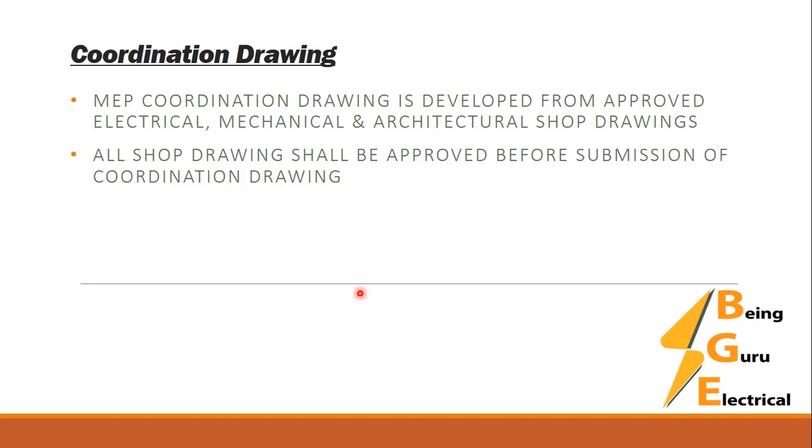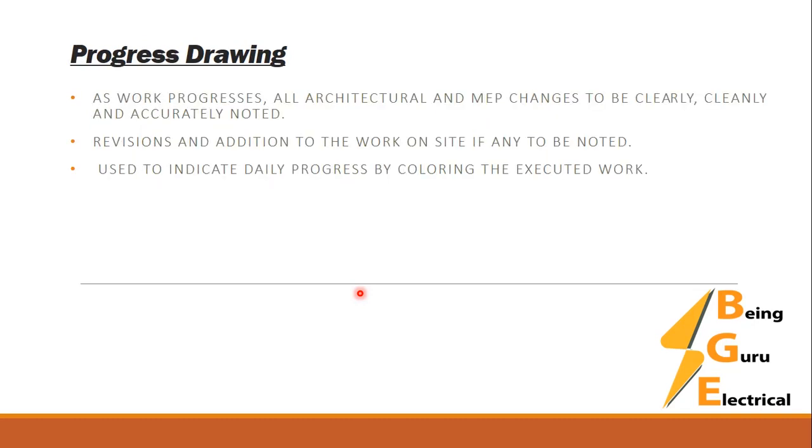The next one is the progress drawing. As the work progresses on site, the engineer should note all the work done. How can he do this? He can mark the executed work by coloring the different areas. Like if one part is done, he can color that part.